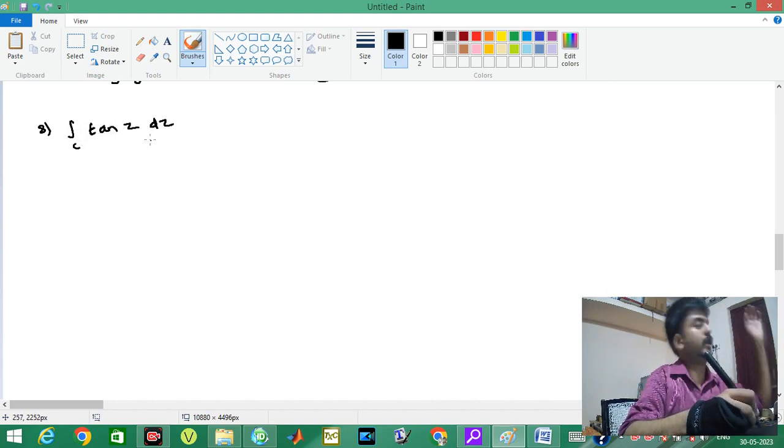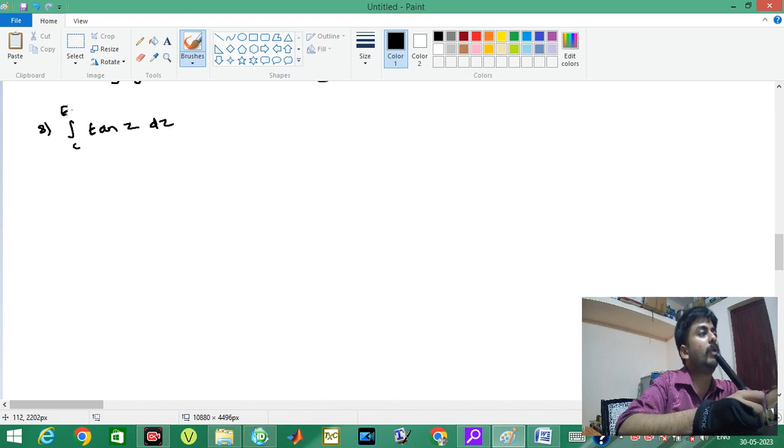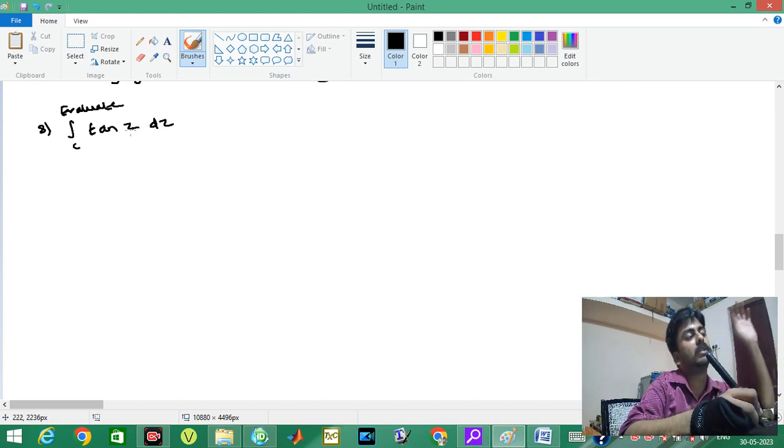They have simply given this. They have not given what the circle is, whether it is modulus of z equal to 1 or 1 by 2. They haven't given anything like that. Just evaluate the integral of tangent z dz.